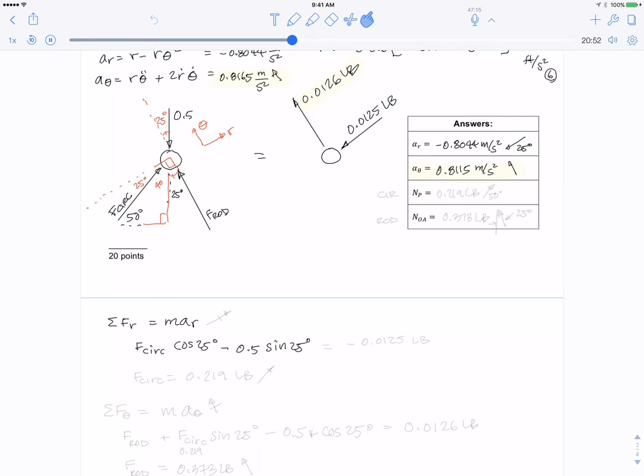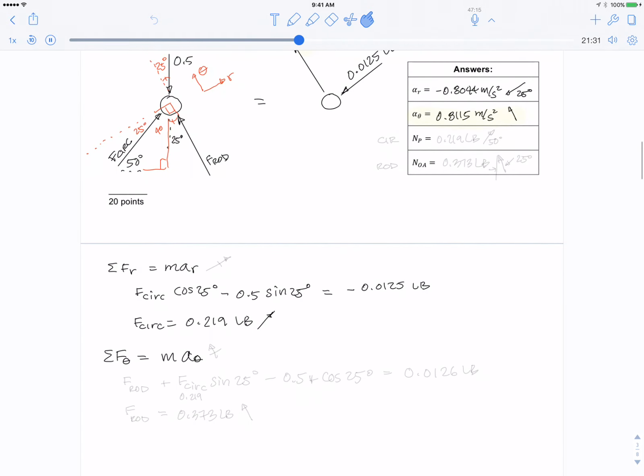And the mass times acceleration in the R direction was negative, because it's going in, 0.0125 pounds. And then I just solved for F circle, and I got the force of the circle onto that pin was 0.219 pounds coming out.